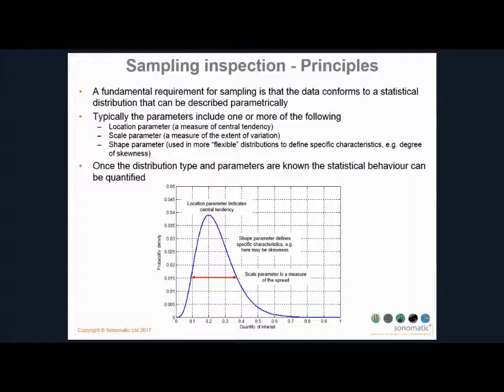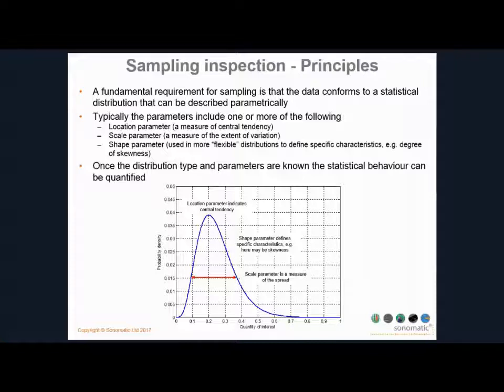So the parameters that we're trying to capture based on the data that we've collected would typically, it varies according to the type of distribution, but typically what you're looking at is some kind of location parameter. So this graphic shows a probability density function, and basically most of the data is going to be within the range of this peak over here, and the location parameter would generally define whereabouts that peak is.